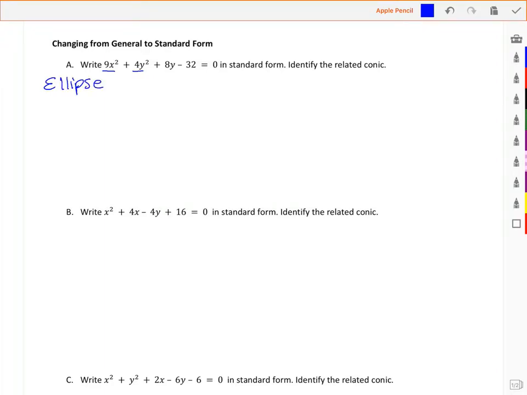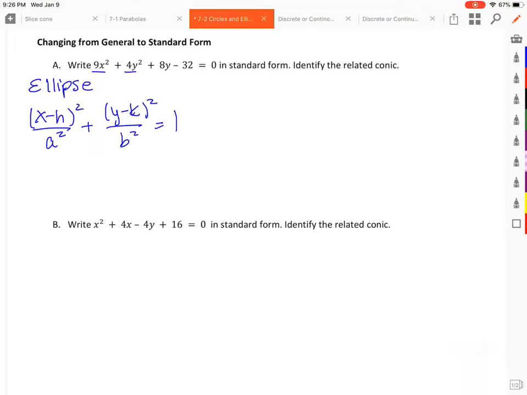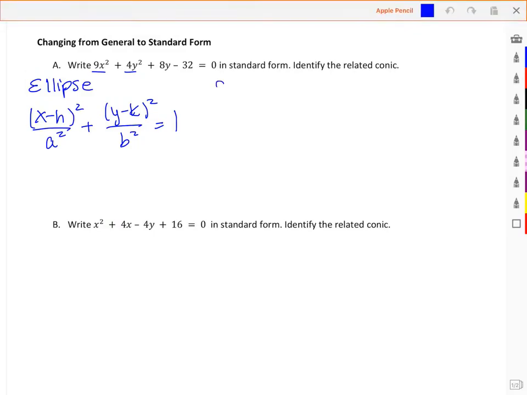Okay, so we want to make it look like what we've been doing, x minus h squared over a squared plus y minus k squared over b squared equals 1. So we're going to complete the square. All right, so remember, you start by putting the x's together.